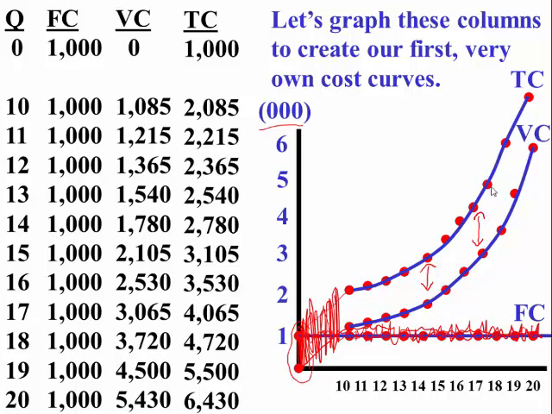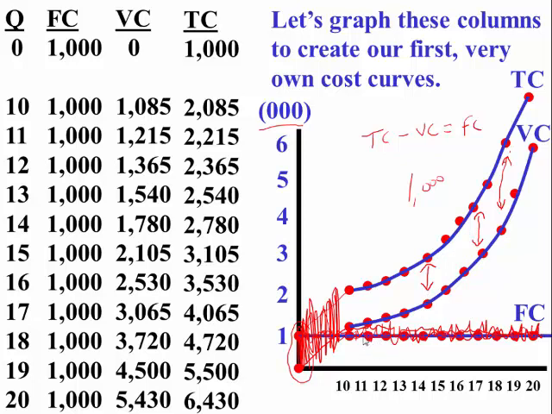So between any of these points right here, and it may look like an optical illusion, and it's not, the difference between these points is 1,000. Well, I can tell by looking at this graph that TC minus VC is equal to FC.